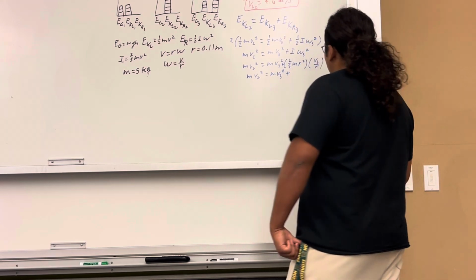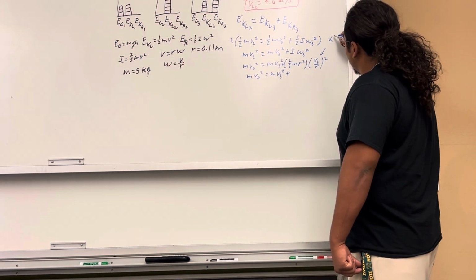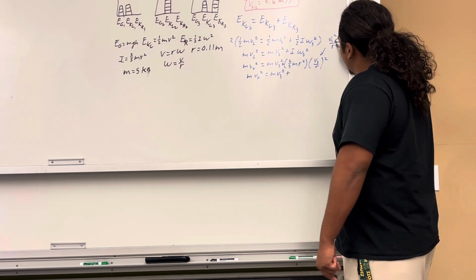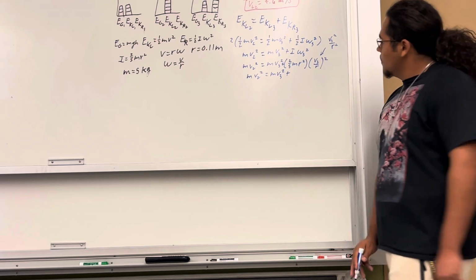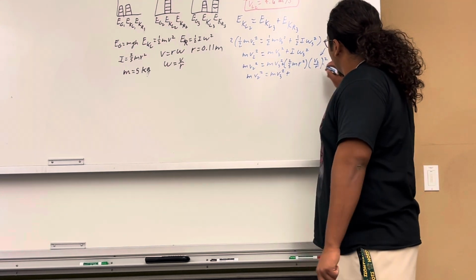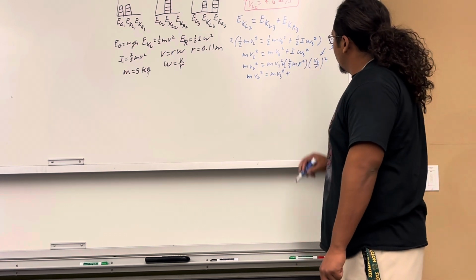On the opposite side, we could say V3 equals mass times V3 squared divided by R, and the R's cancel out.